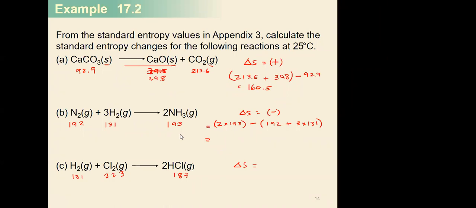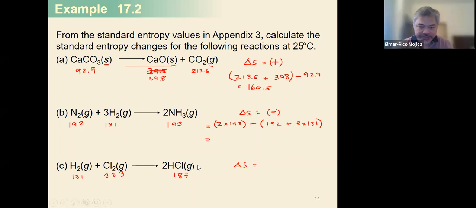Negative 199. So you're going to get a value of around negative 199. Yeah, you just hope that the 20 points problem solving are like this, right?